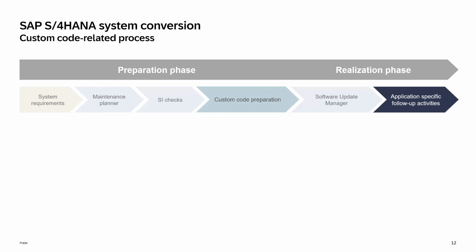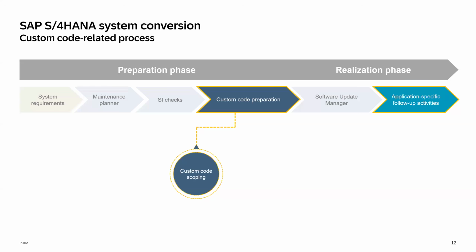But we focus now on the custom code relevant process, which consists also of the preparation phase and realization phase. During preparation, the first step on the way to custom code transition to S/4HANA is to do so-called custom code scoping and decide which amount of custom code should be taken over to the new S/4HANA system. Then the analysis can be run with S/4HANA readiness checks to detect the S/4HANA relevant issues in your custom code.